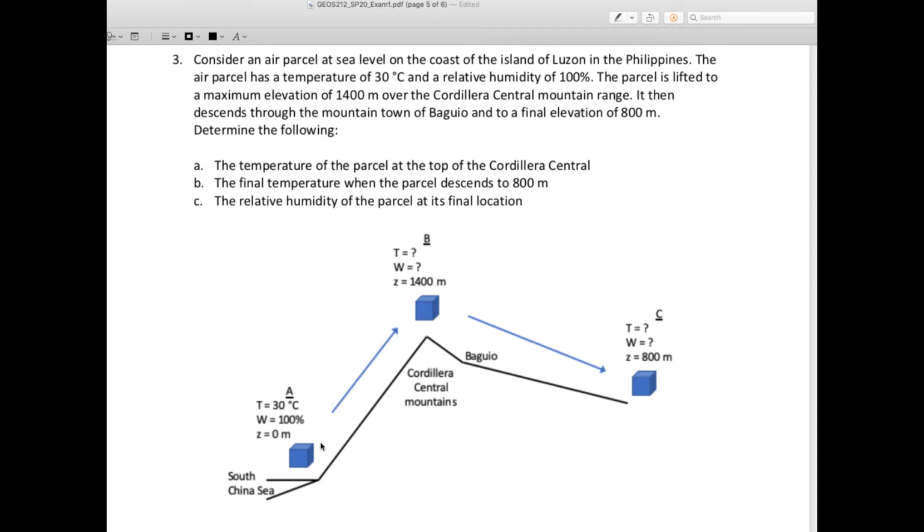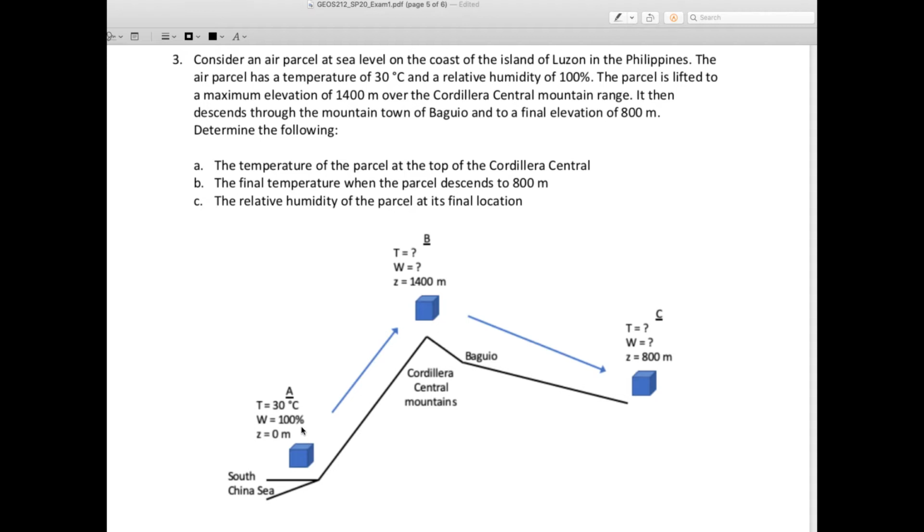Okay, so a really important insight into this problem is that the parcel is saturated to begin with. So its relative humidity is 100% at an elevation of 0 meters, here on the coast, and it has an ambient temperature of 30 degrees.